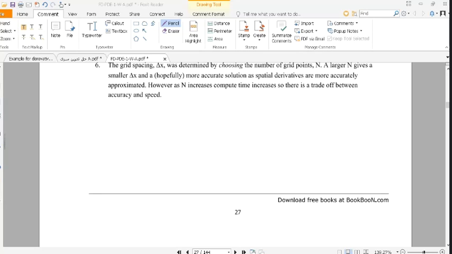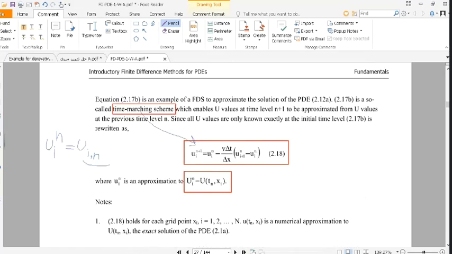I try to write more details of the solution of this problem by handwriting. And the next session, I explain the method for solving this formulation.